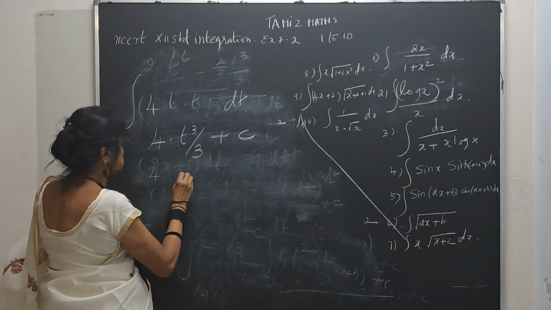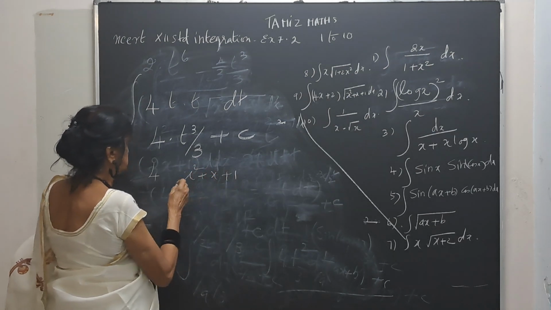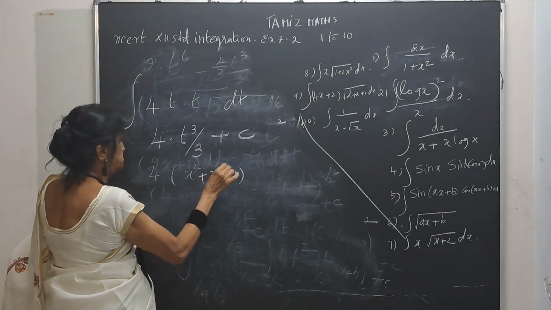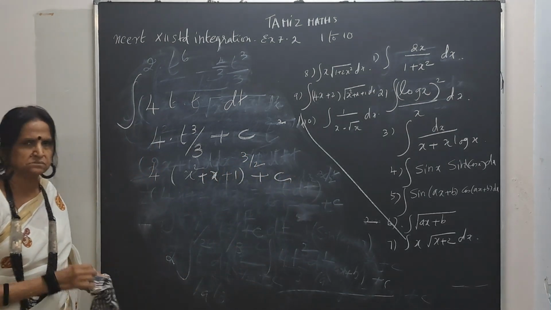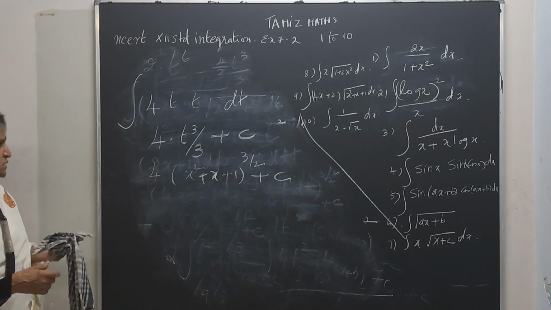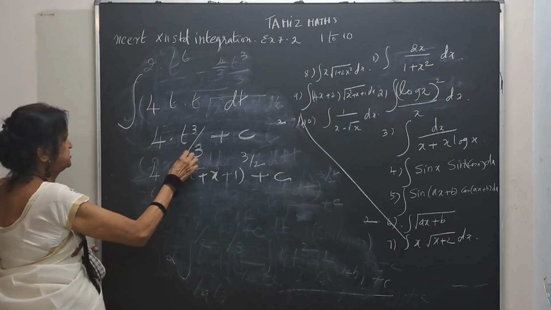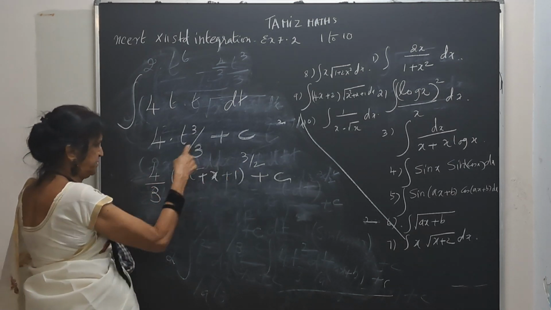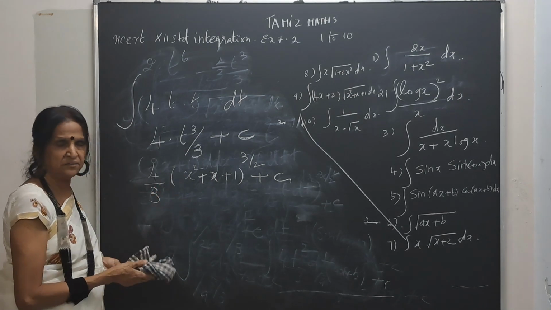Root of x square plus x plus 1, half, no? So it will be 3 by 2 plus c. Got it? Next we go. This 3 here, if you want to differentiate this, 3 by 2 followed by derivative of this.